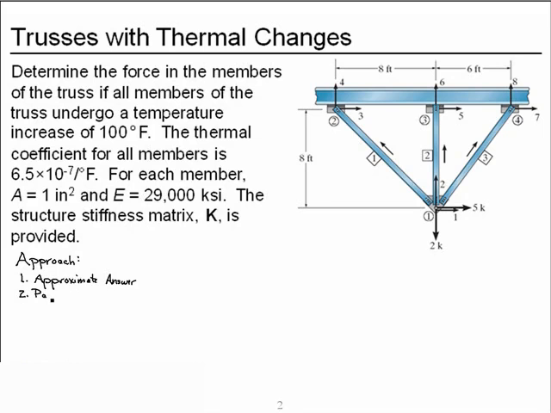When we start the stiffness method, we begin by partitioning the structure stiffness matrix. And we also need to calculate the fixed end forces due to the temperature change.